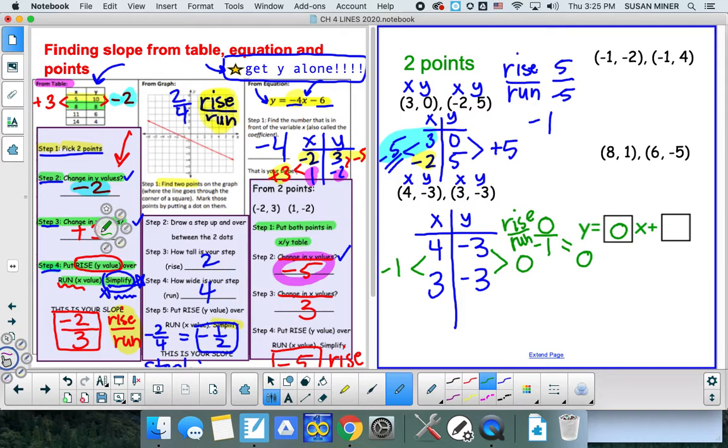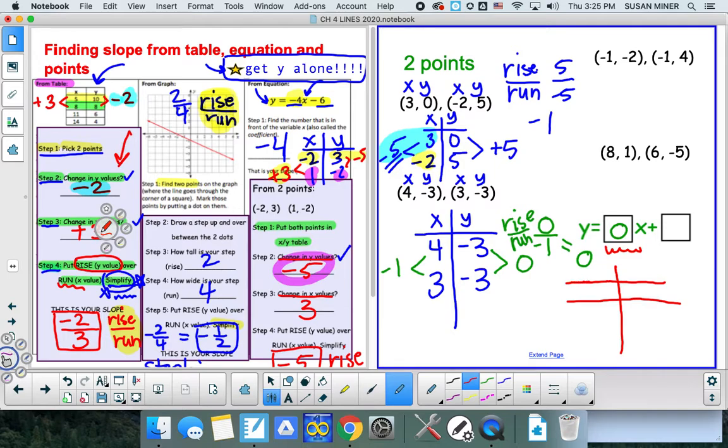Think back to yesterday when we were talking about what kinds of lines we get from certain slopes. What kind of a line did I get when I had a 0 slope, right? What was happening there? If you remember, a horizontal line has a slope of 0.